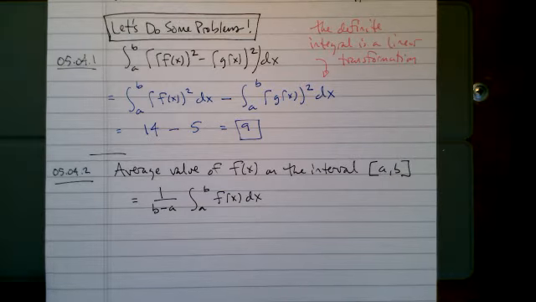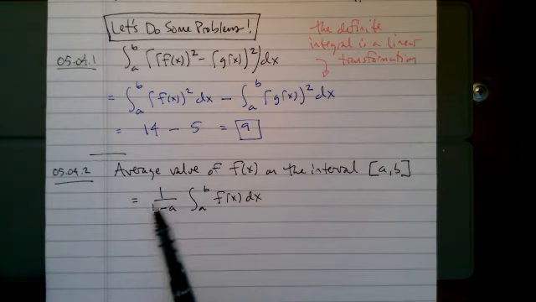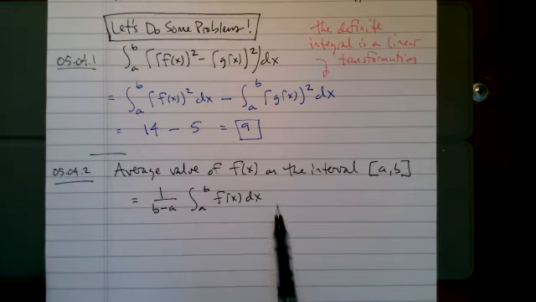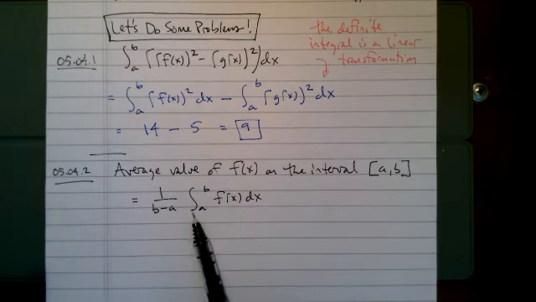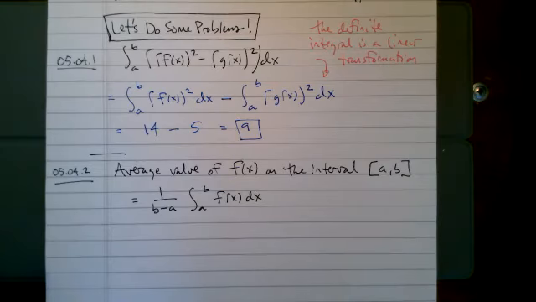If we think about integration, integration is adding things up. This is us continually adding all the values of the function f of x, and then dividing. So it makes sense that this integration is replacing our sum, since we're looking at a continuous sum rather than a discrete sum.